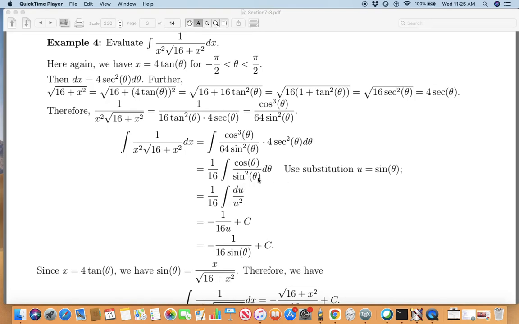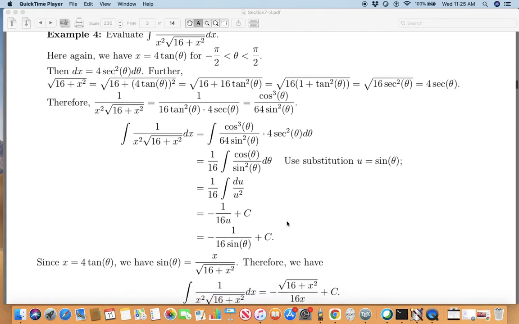Now again, use the substitution, u equals sine theta, u squared in the denominator, and numerator is du. If u is sine theta, derivative is cosine, so all that is du. du over u squared, but we just saw the integral is with a negative. And you notice a constant floating around, plus a constant.